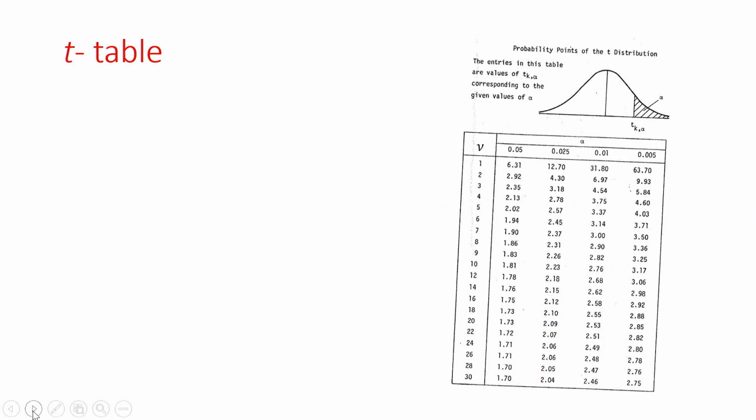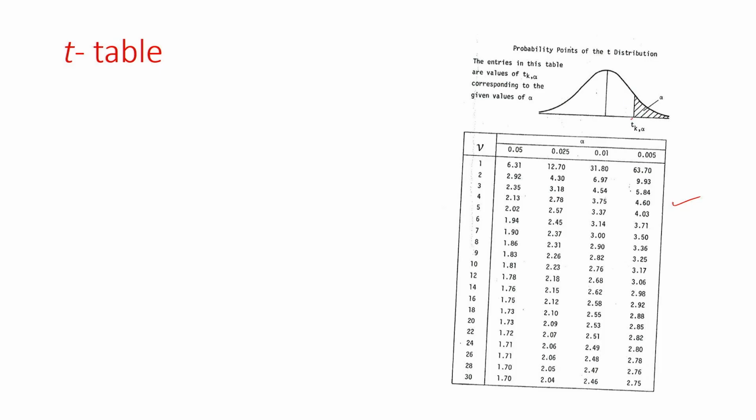Like the Z table that we have discussed earlier, we also have T tables. On the right hand side, we have data related to T tables. For various values of alpha, alpha is the area of the curve on the right hand side of the T variable.